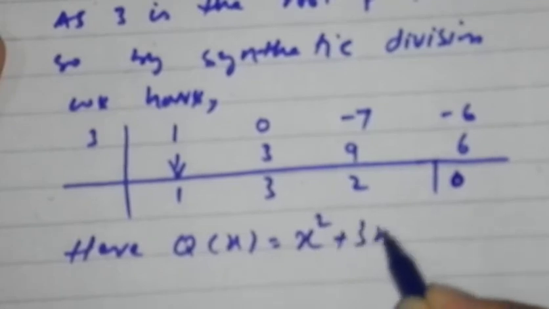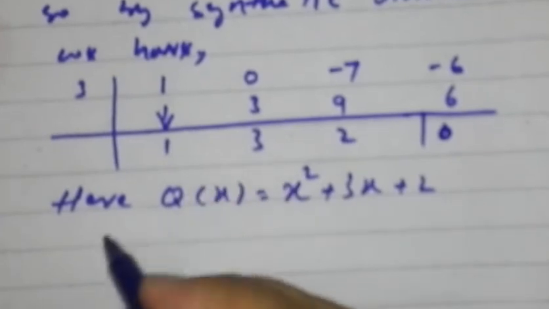Here q of x equals to, here the x exponent is 0, here 1 and here 2, so we can write it as x square plus 3x plus 2.